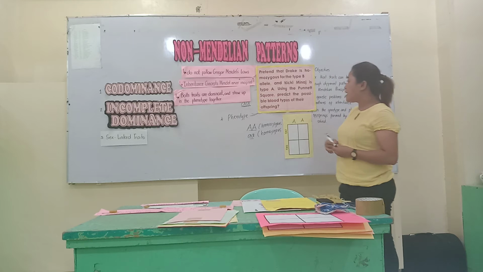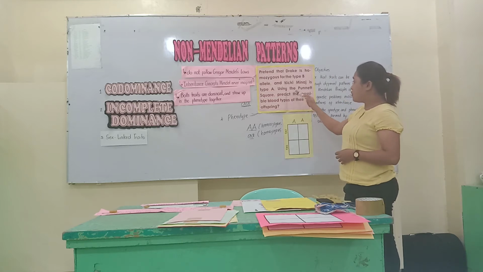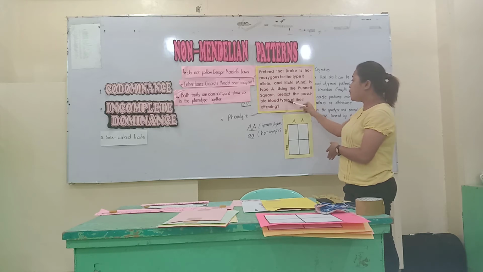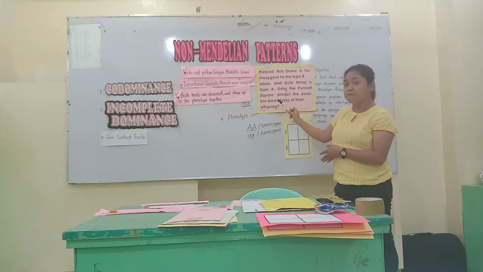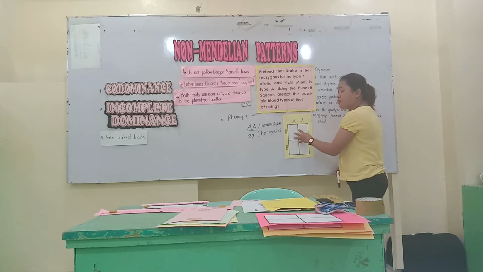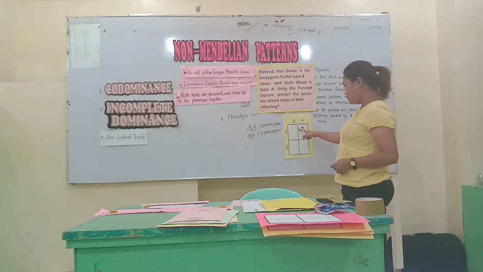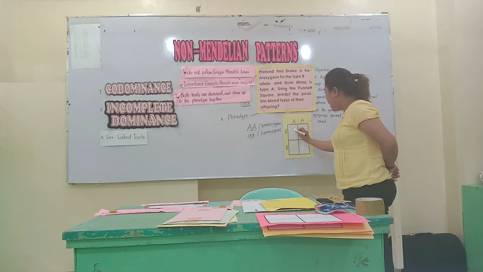Now, ang pangutana is, using this Punnett square, unsa ang ilahang possible nga blood types? Sa posible nga o probable nga offsprings ni Drake o ni Nicki Minaj. Okay? So, you have big letter A and big letter B.